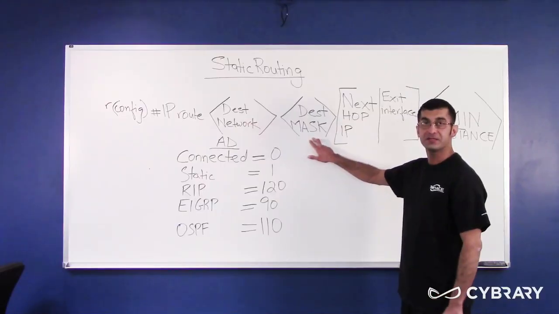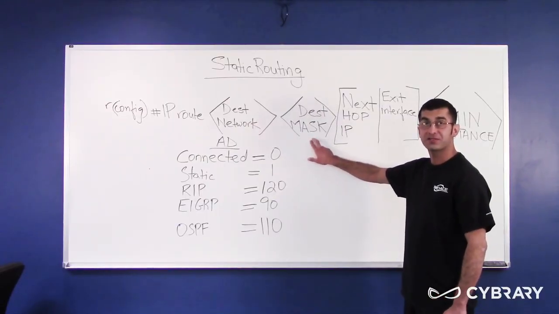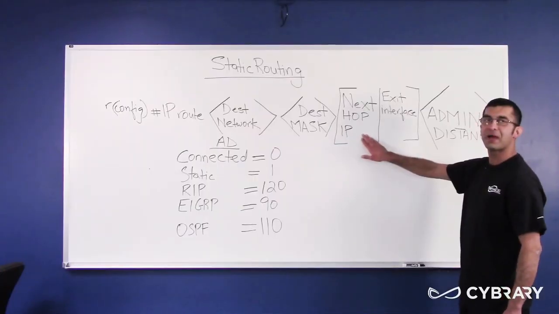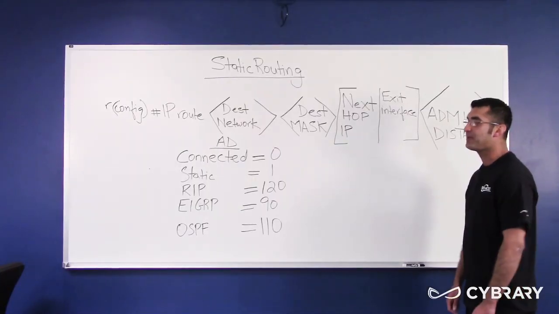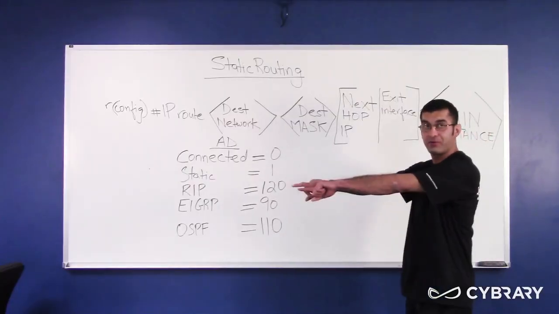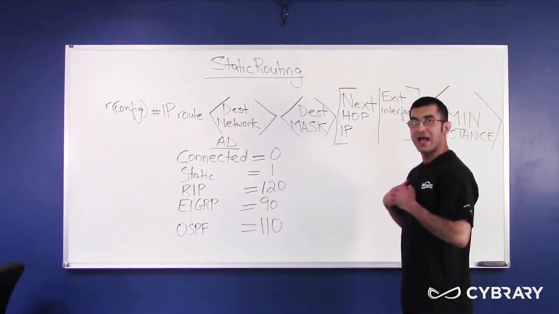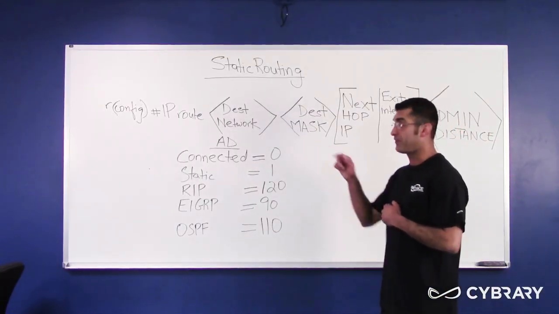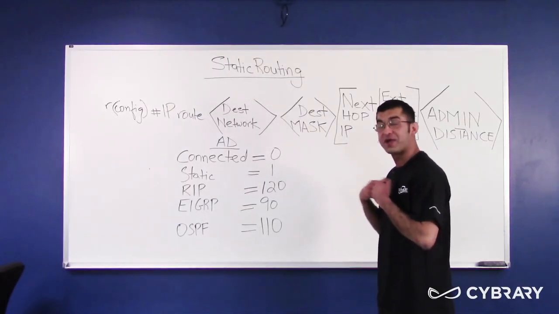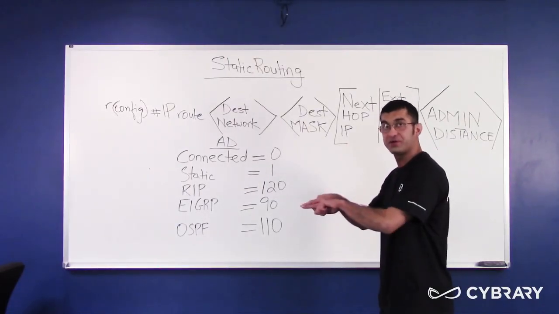Then the destination mask, so the mask of that destination network. Then something called the next hop IP address, which is the IP address of the router immediate to you once traffic leaves your router. So the IP address of the interface of the router that is facing you, that is immediate to you once the traffic from your router leaves your interface.